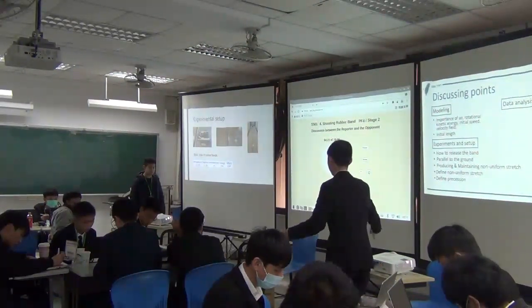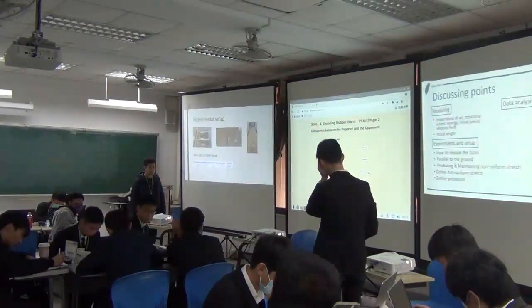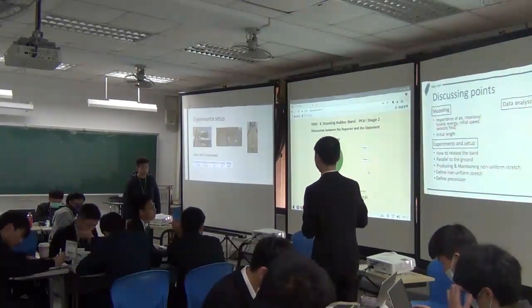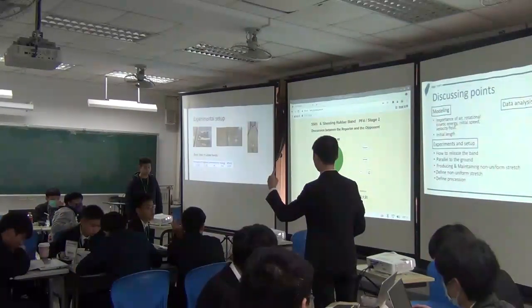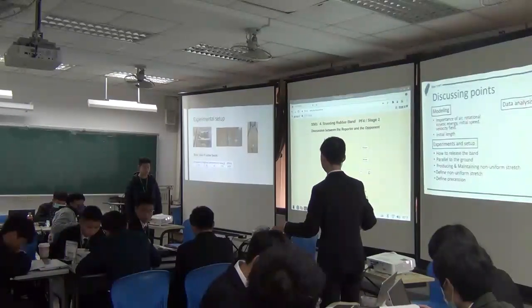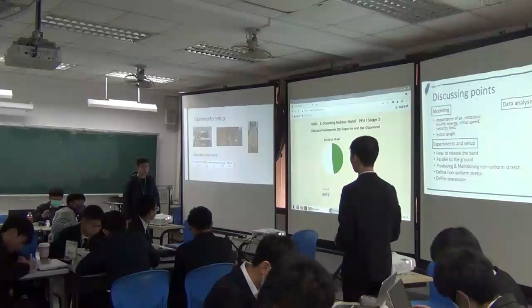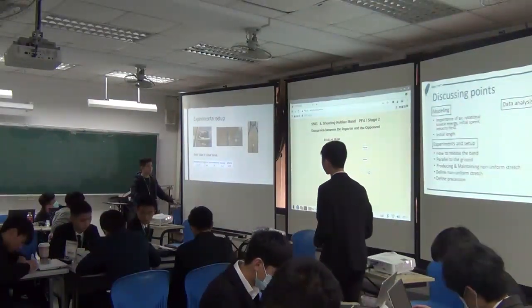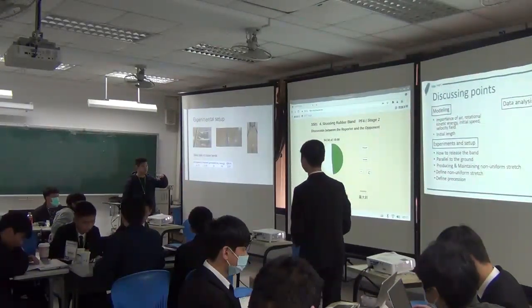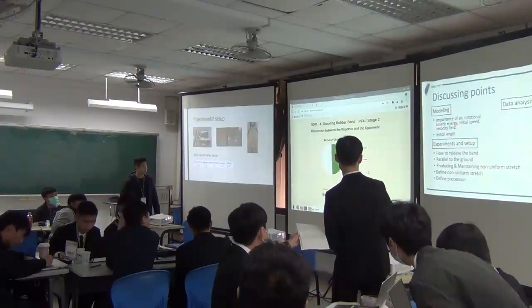But as you know from free fall experiments, the launching angle of any object will affect the distance. So do you control it? Yes. How do you control it? You check the angle every time before you launch the rubber band. Yes. Okay.